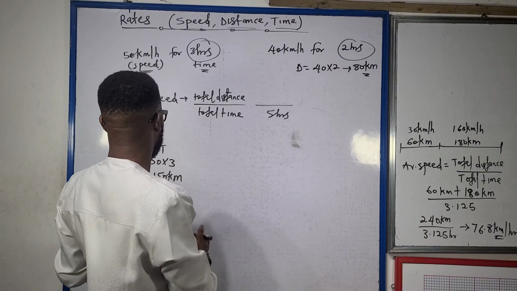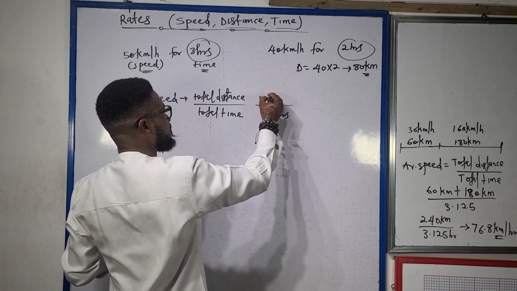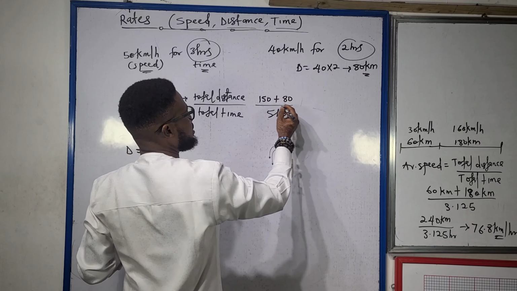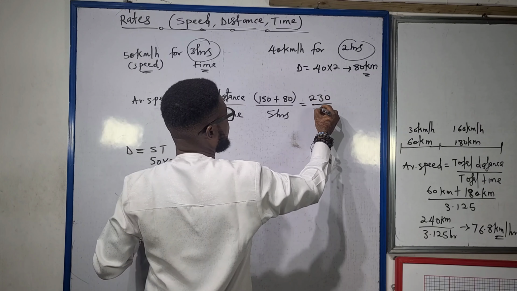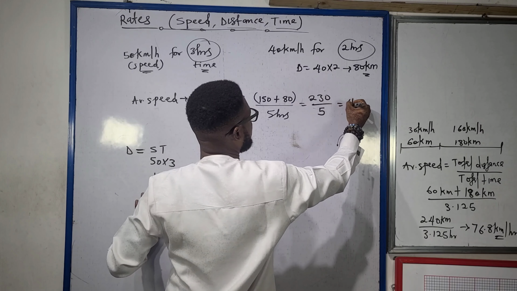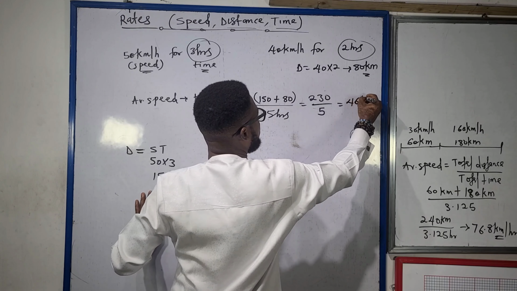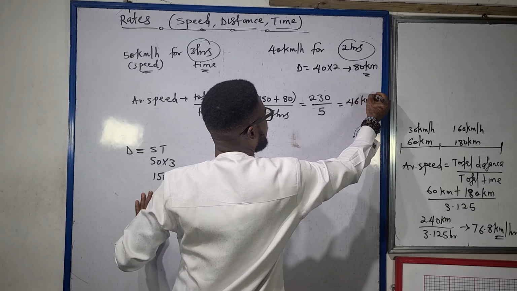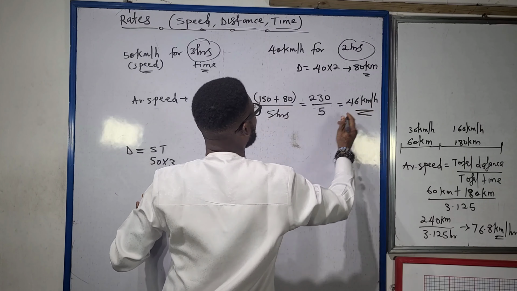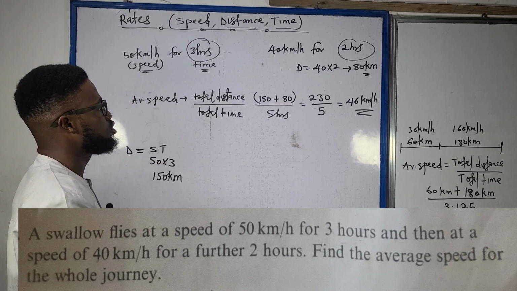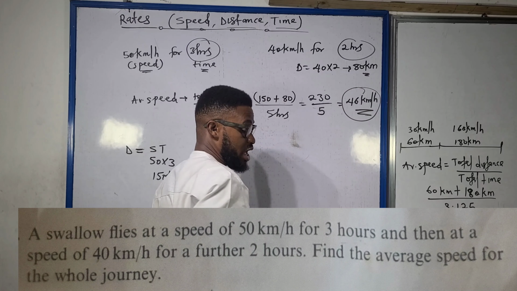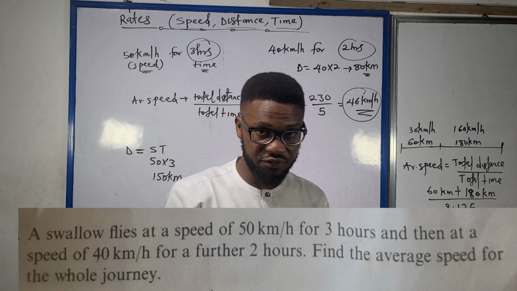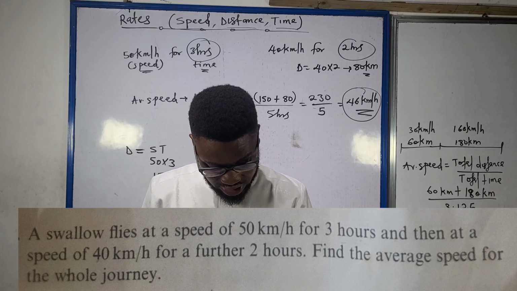So what you basically have is 150 plus 80. That's the total distance, and that's 230 divided by 5. So this is 46 kilometers per hour. So that is how we go about calculating our average speed according to that question. Still very simple at least for now.